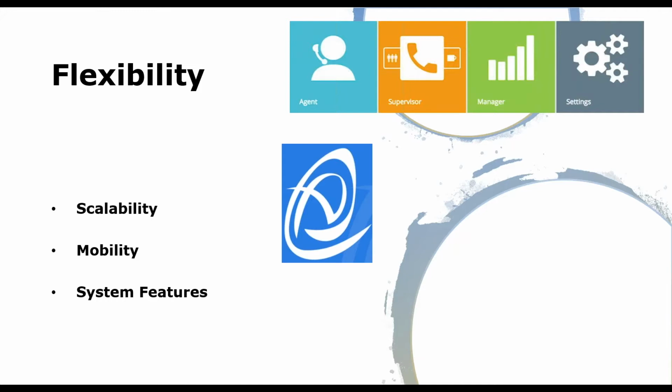AVAYA released an application called Equinox, and we've talked about that in some of our previous webinars. It's a wonderfully designed application because it perfectly emulates a desk phone, and that desk phone is no longer a physical device on your desk. It actually lives and breathes either on your desktop, on your PC, or you can actually download a version of the application for your smartphone.